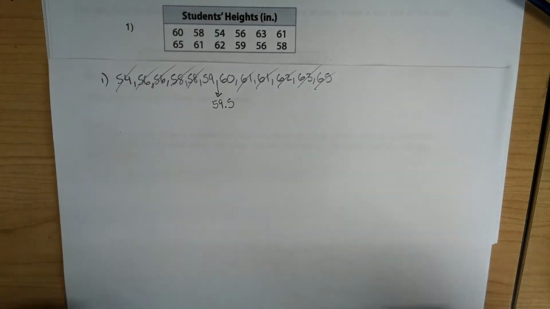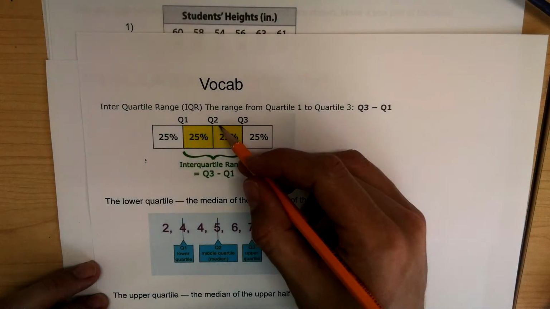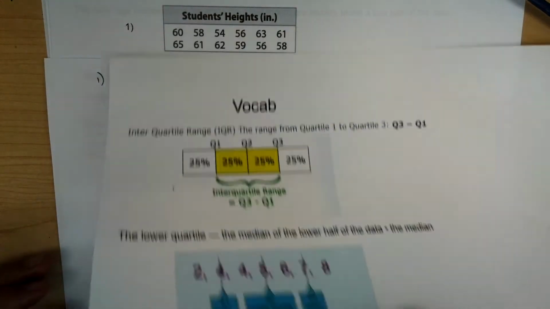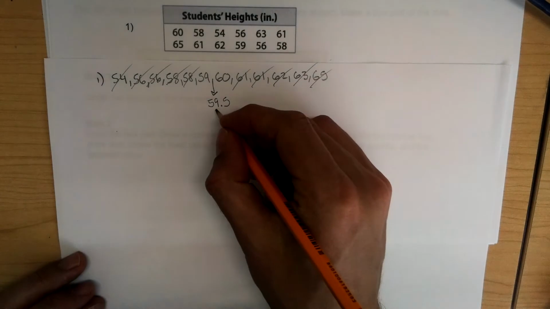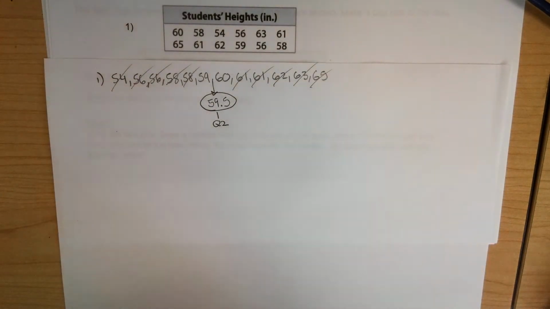Now, if you remember from our vocabulary, the overall median is the Q2, quartile 2. So this will be considered my Q2.